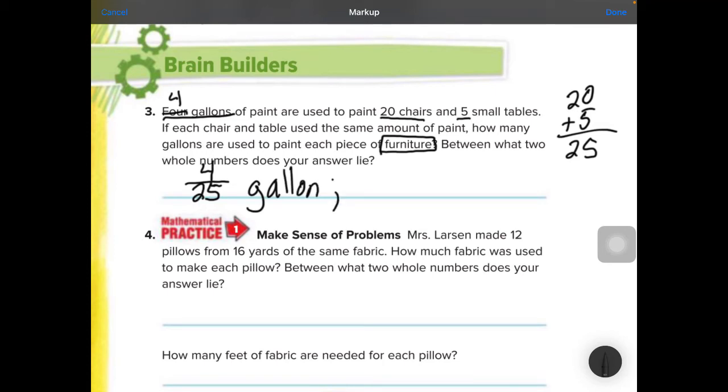I wouldn't want to be the one to measure that out, but that's the answer they're looking for. And if we were to put that on a number line, 0 and 1, 4/25 would be about right there. I'm not going to do 25 little dashes. We just need to know that it's between 0 and 1, the two whole numbers.